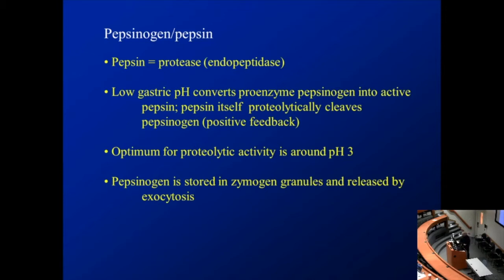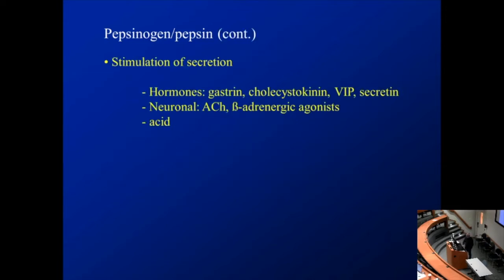Pepsinogen is stored in zymogen granules and is released by exocytosis. What stimulates pepsinogen? Well, the hormones. There are a number of hormones that stimulate this peptidase. Actually, all our 4 most important hormones can contribute to that.